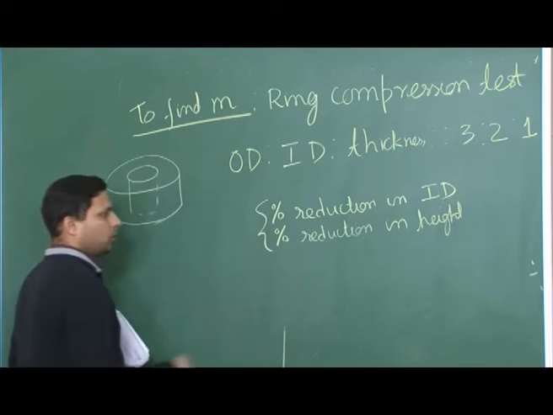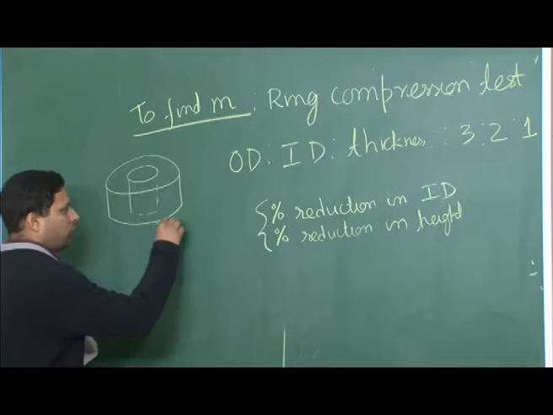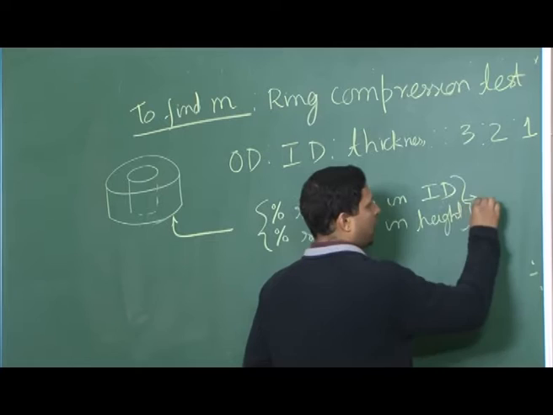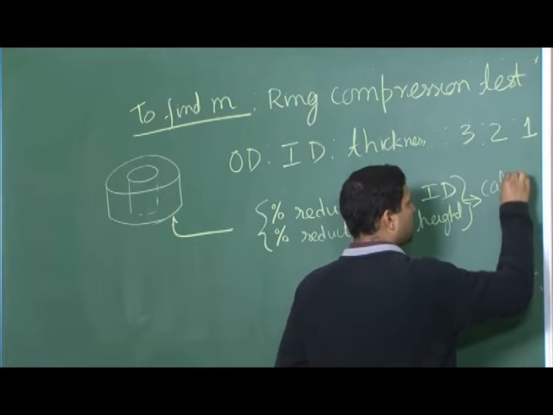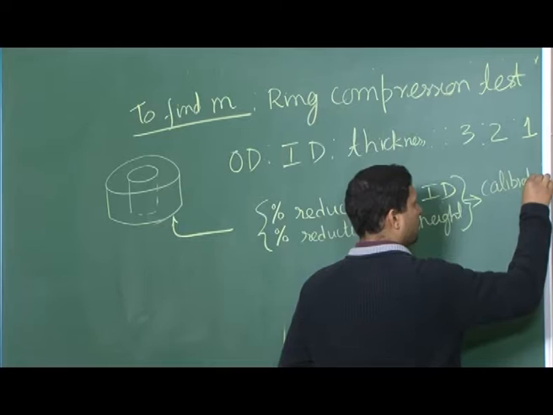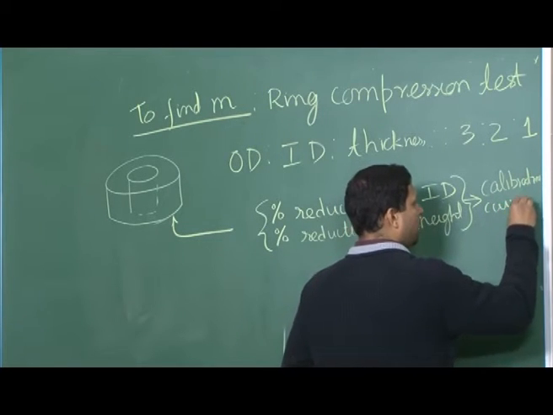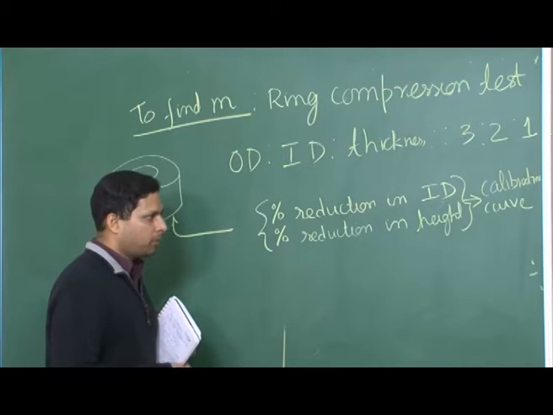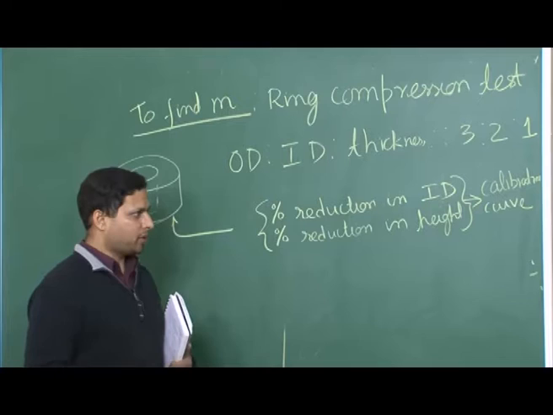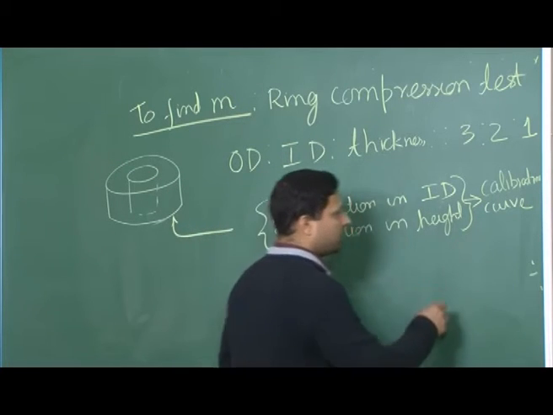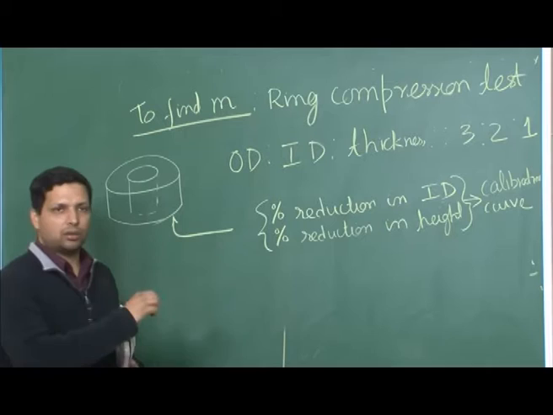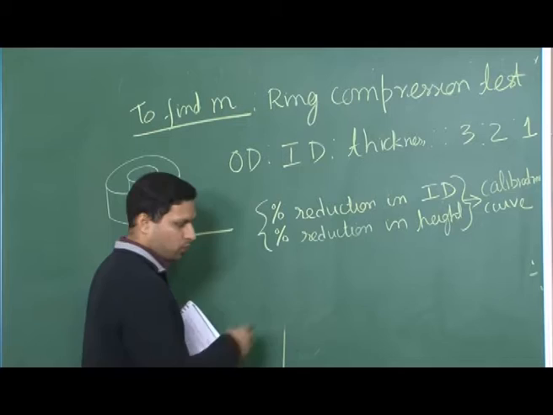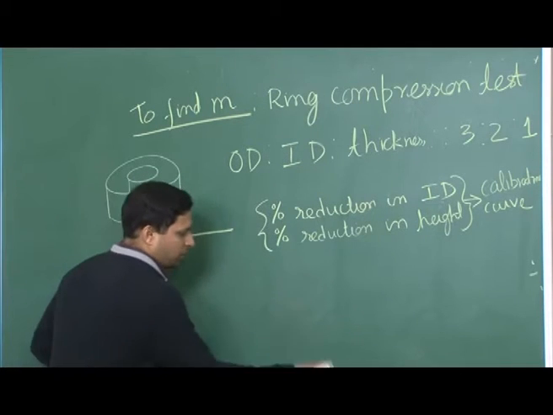Once you get this information experimentally for this particular ring, there is a calibration curve and you compare it with that calibration curve to obtain M. That calibration curve has been obtained by doing several experiments, and after doing those experiments people have been able to relate these percentage reductions to a particular M value, and that is what this calibration curve will provide you.